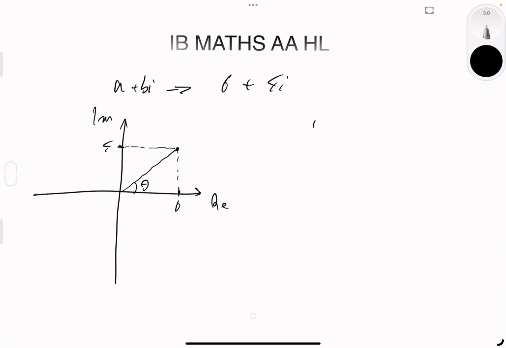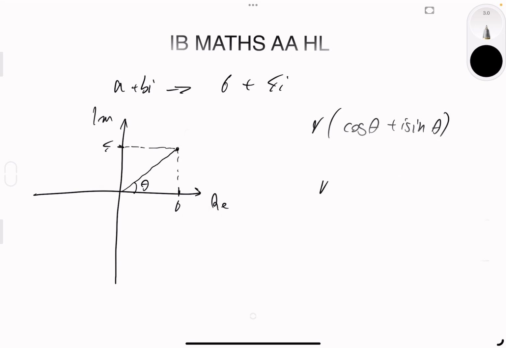So modulus argument form looks like this: r cos theta plus i sine theta. We already have theta. Now what is r? r is the modulus, and if you remember from what I said previously, r equals square root of x squared plus y squared.